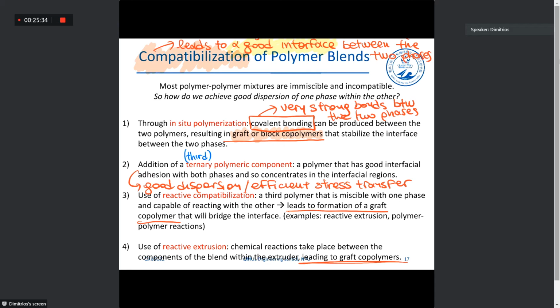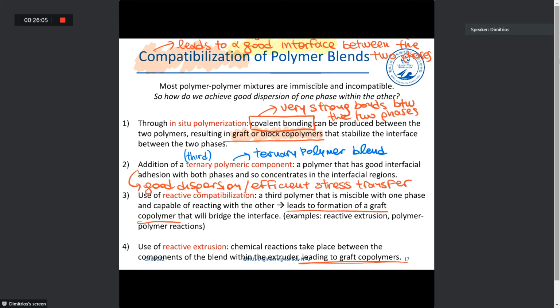If we disperse it very well, we obtain a ternary polymer blend, essentially. Which essentially, because of the good interface and the strong bonding between the phases, now has efficient stress transfer under mechanical stress. Okay.